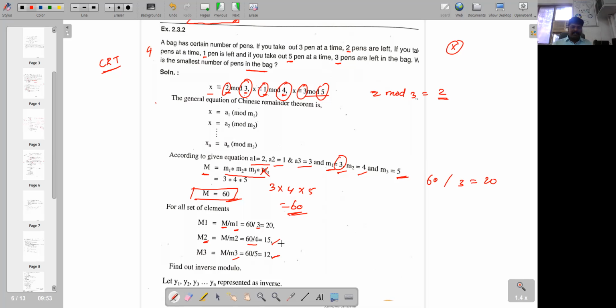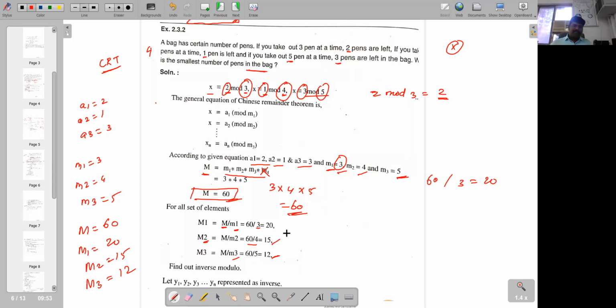I hope this is clear. So what were our A values? A1 is equal to 2, A2 is equal to 1, and A3 is equal to 3. M1 is equal to 3, M2 is equal to 4, M3 is equal to 5, and our capital M is equal to 60. Capital M1 for equation 1 is 20, capital M2 is 15, and capital M3 is 12.